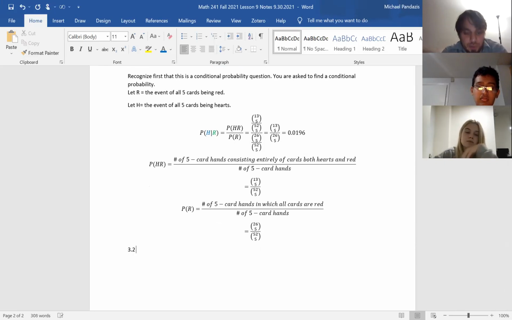Okay, so 3.2 is on Bayes' and other theorems on conditional probabilities.